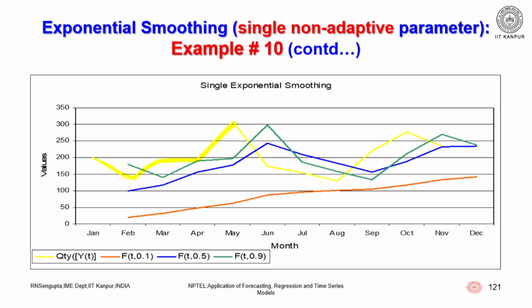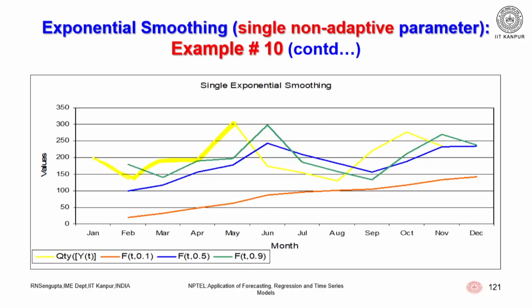But interestingly, if I give weightages of 90%, as you saw in the last column of the last slide, here the green line almost mimics the yellow one, but with a shift, and the shift is obviously because you are trying to predict for the next time period.